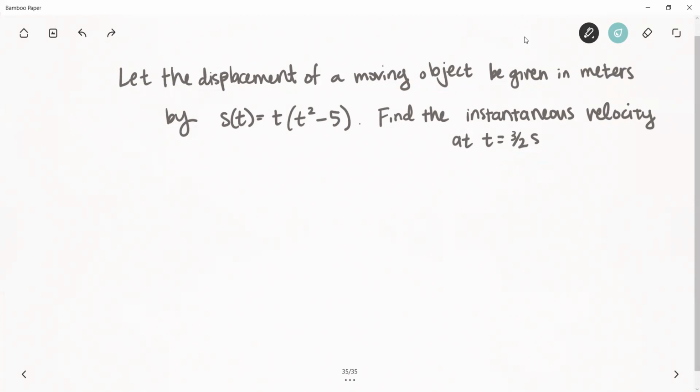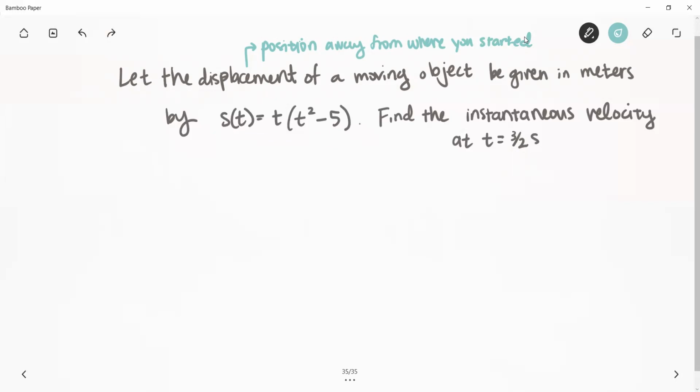So if you have the displacement, this is really just like the position. And it's specifically the position away from where you started. Okay. It's going to be given in meters by this function.